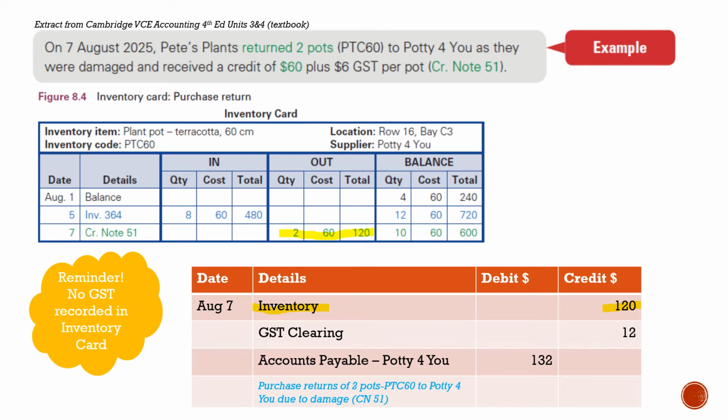So the GST adjustment as a result of this purchase return needs to be added on, which in this case is a $12 credit to the GST clearing account. The total credit refund from the accounts payable is therefore $132, which is a debit to the accounts payable.